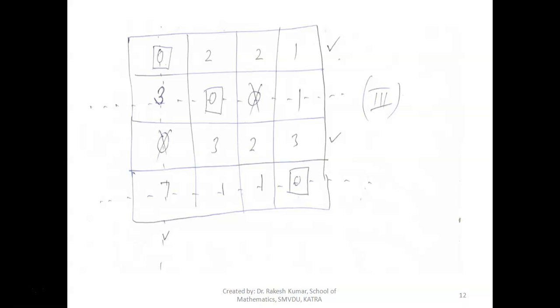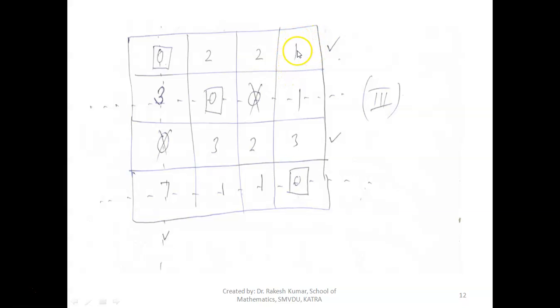What to do? Find out the minimum element among all these uncovered elements. See here: 2, 2, 1, 3, 2, 3. The minimum is 1.